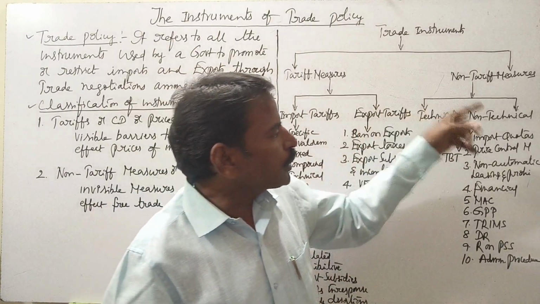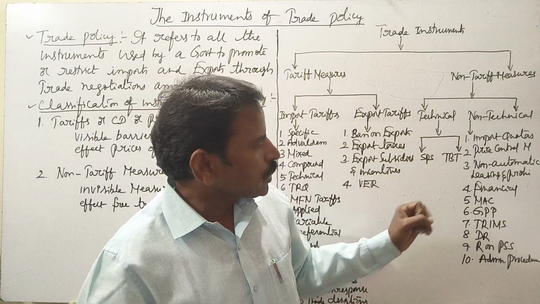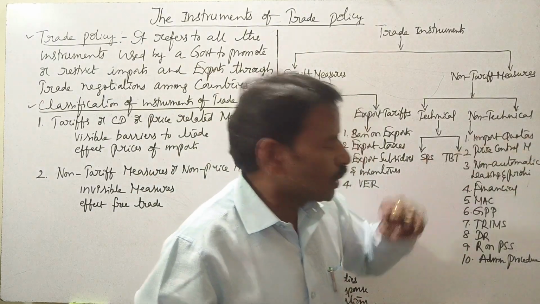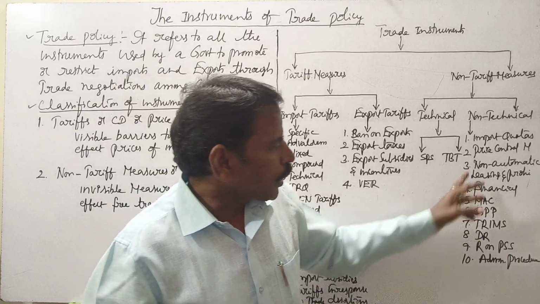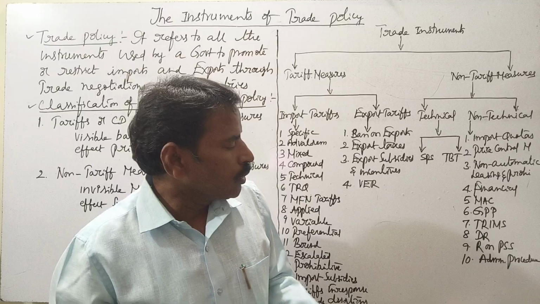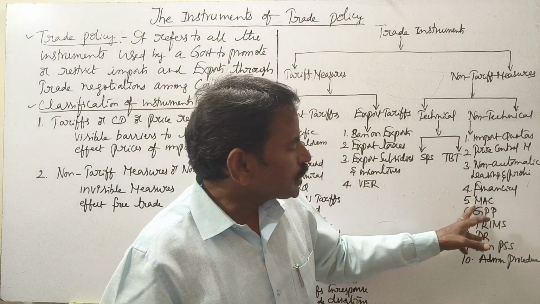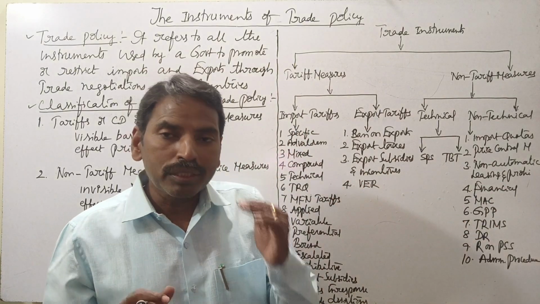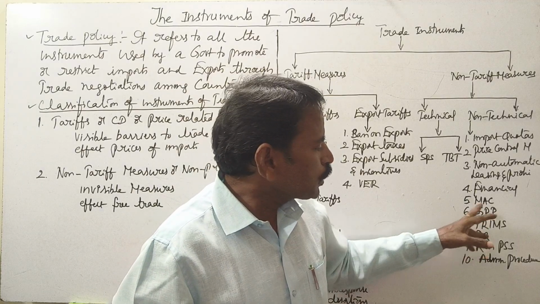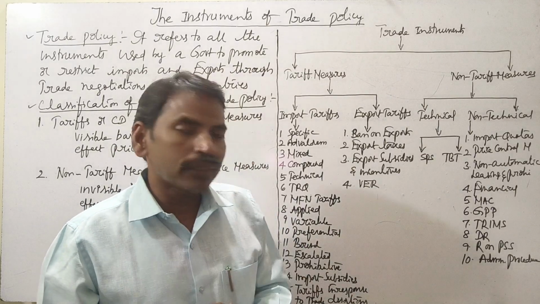Next, non-technical measures. Non-technical measures are import quotas, price control measures, non-automatic licensing and prohibitions. Fourth one, financial measures. Fifth one is measures affecting competition. Sixth one is government procurement policies.